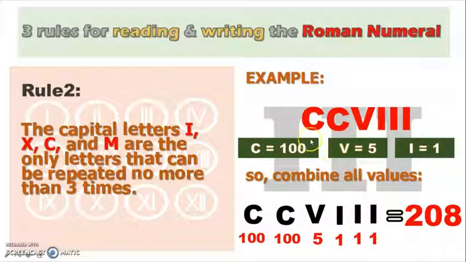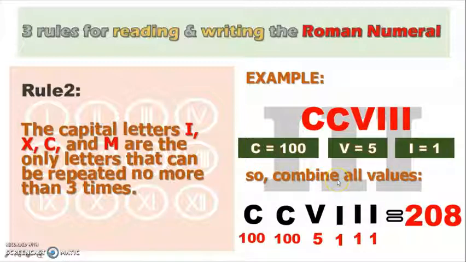So first thing to do, you have to observe the numerical form from rule 1 to rule 3. Remember, if the larger is written first and then the smaller, then you have to add. If the smaller is written first, followed by the larger, then you have to subtract it.